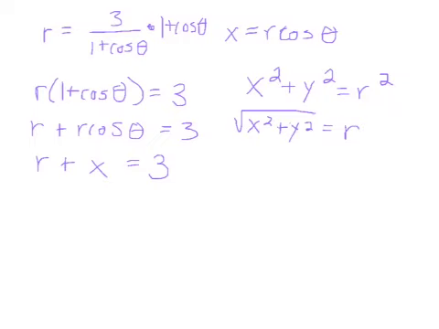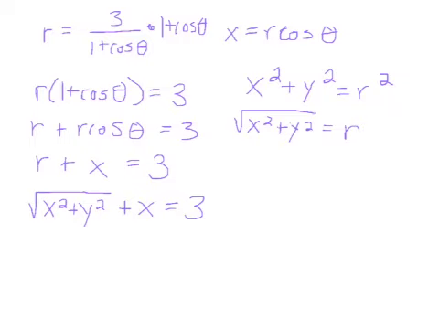That would be what r equals. So let's replace r with the square root of x squared plus y squared. And so we end up with that. So now that doesn't look like a very pretty rectangular equation.